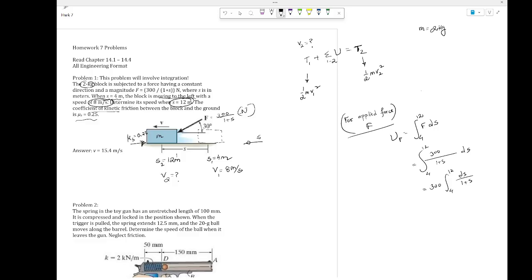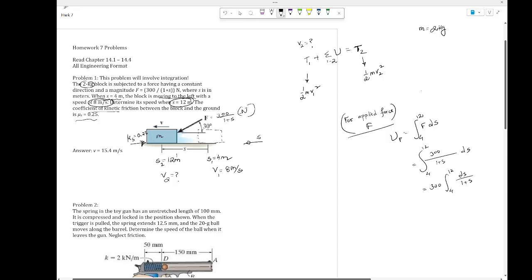Now, do you guys remember 1 over x? What is the integration? Natural logarithm, right? Log x, natural. So you have this 1 plus s. Now, you can do it directly. I don't know how much you know about integration. Are you confident about it? It will be very much the same thing: the integration will be ln of 1 plus s. Why?